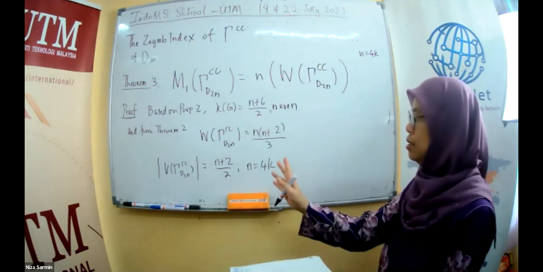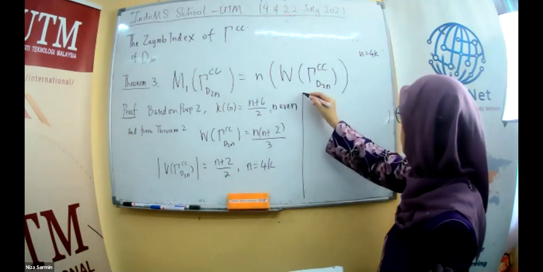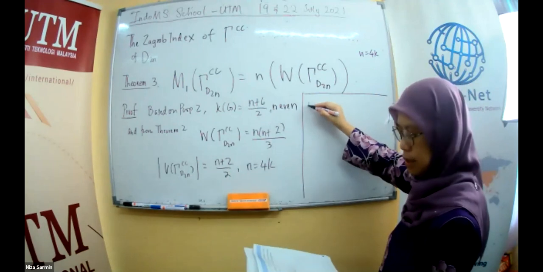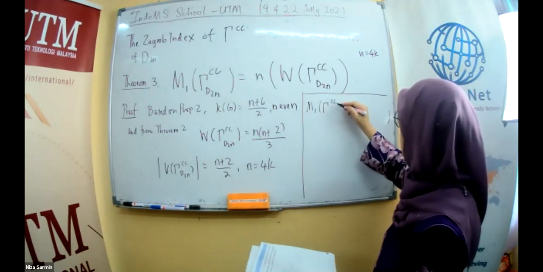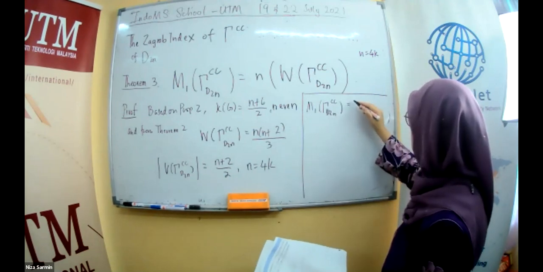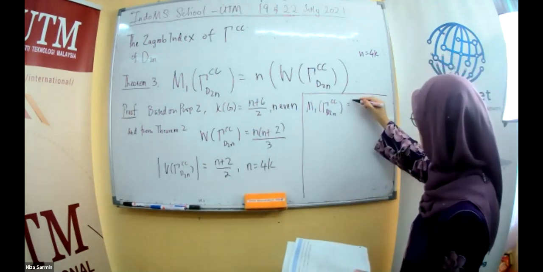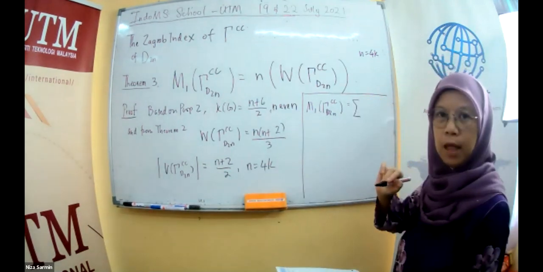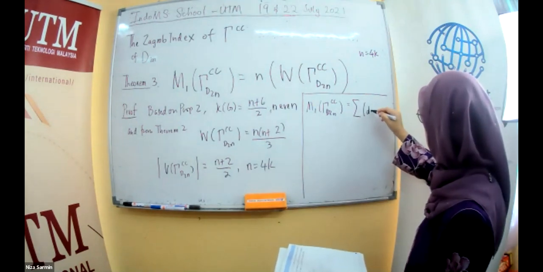So with all this information, you want to find now the first Zagreb index of this using the formula in which this is the degree, right?